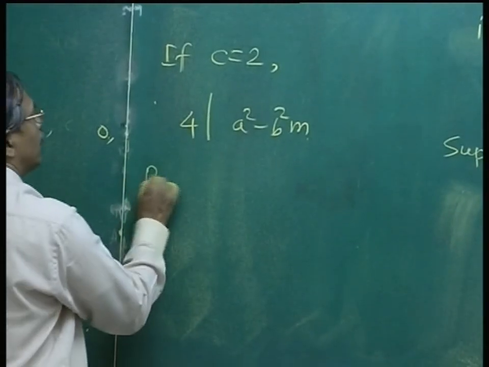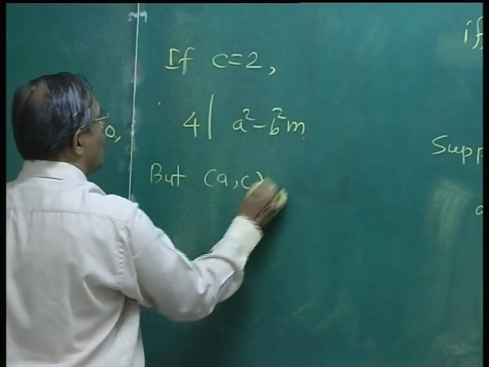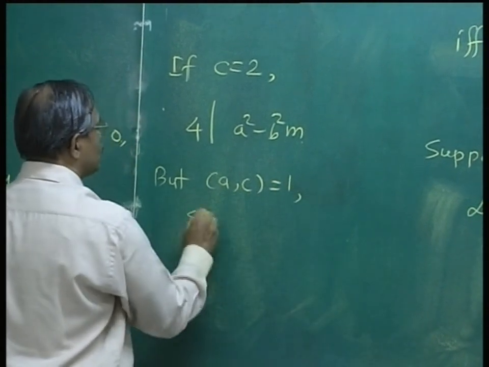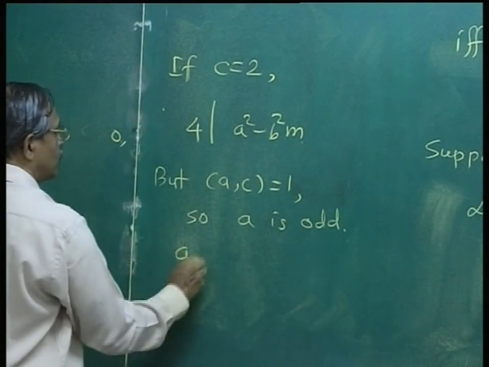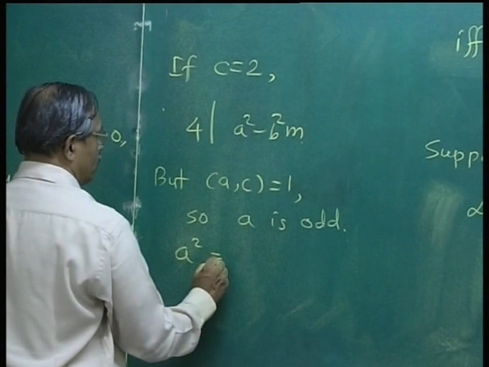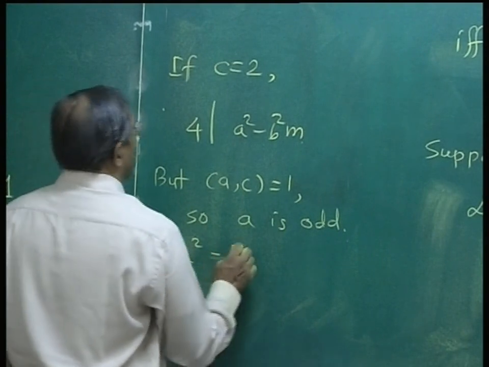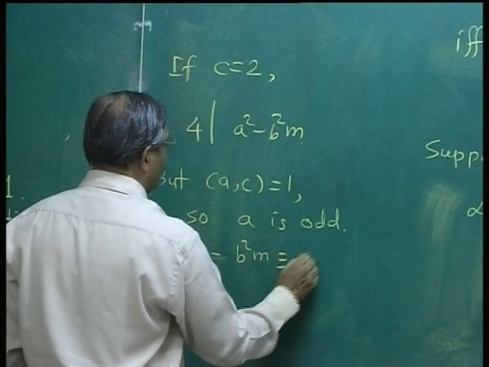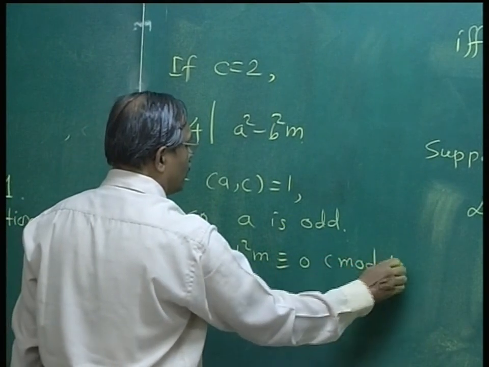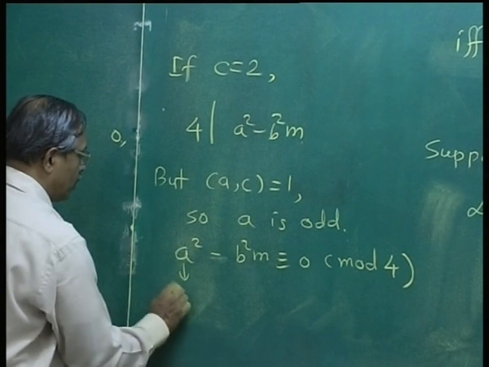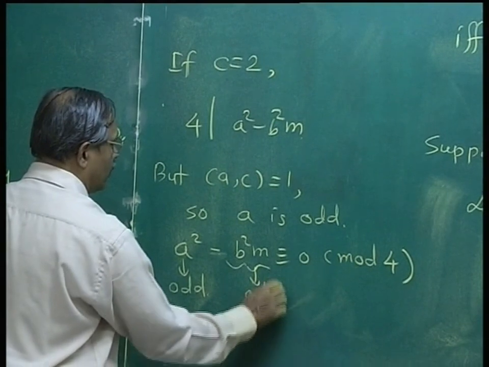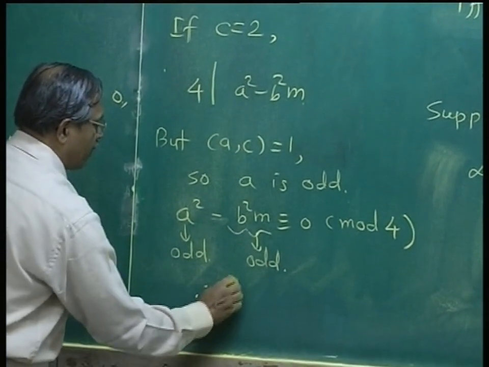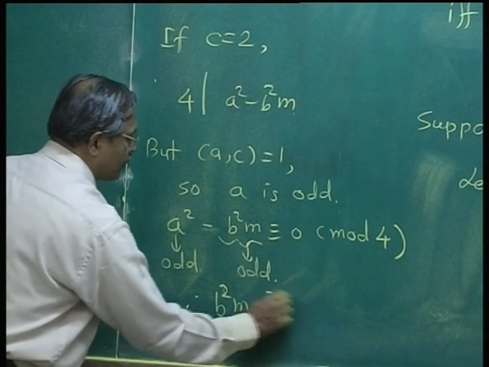So 4 divides that, but gcd of a and c equal to 1, so a is odd. a square minus b square m is congruent to 0 mod 4. Now this is odd, therefore this also must be odd. Okay, therefore b square m is odd.